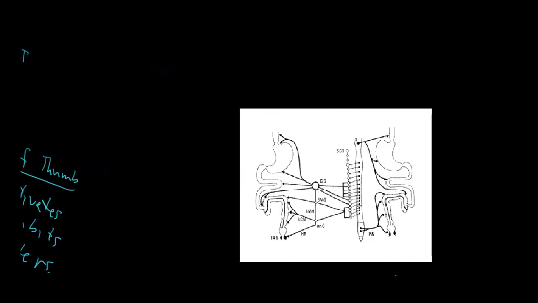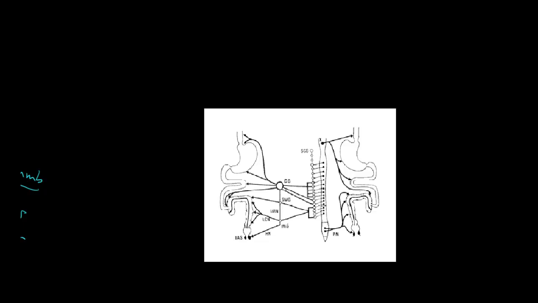So let's talk about this general organization. Let's connect the dots. This is a more realistic picture, and we see on this side sympathetic nerves, and parasympathetic. How can I tell just by looking at this picture?